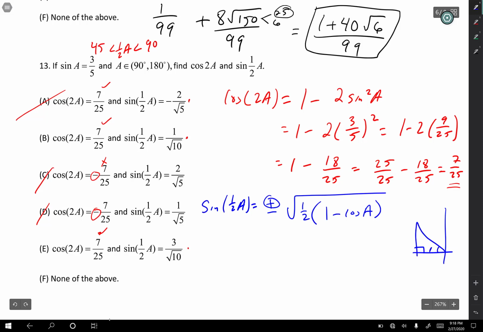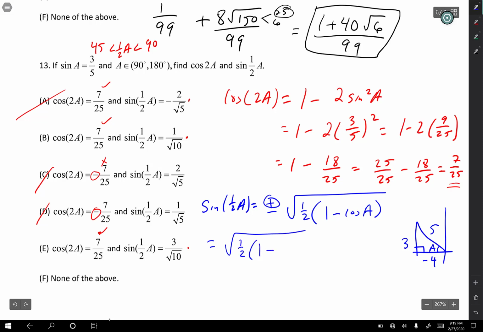Here's angle A. That was sine, so this is 3, that's 5, so this is -4. So square root of 1/2, 1 minus -4/5. That's what cosine is, guys. Cosine is -4/5. Minus a negative turns into a positive.